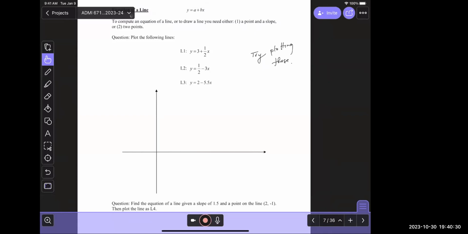The key here is to make a large grid. Because the points are all very close together. The lines are close together. I'm gonna make some copies.